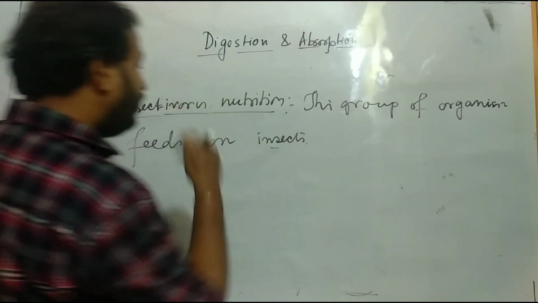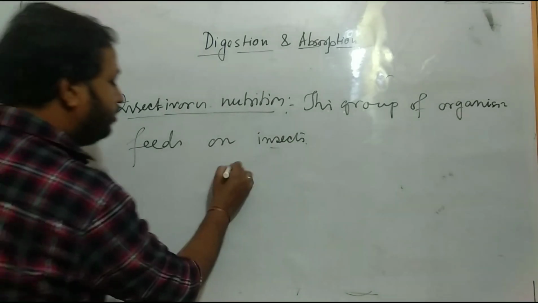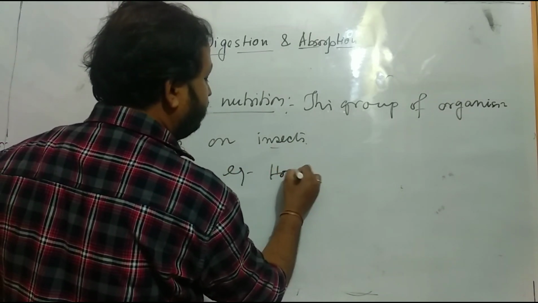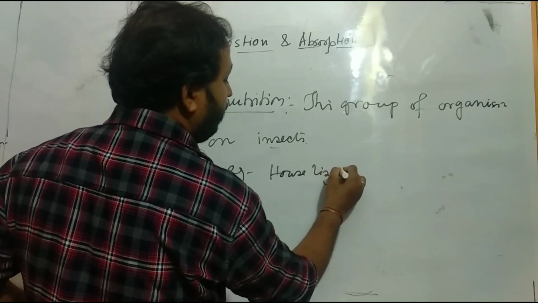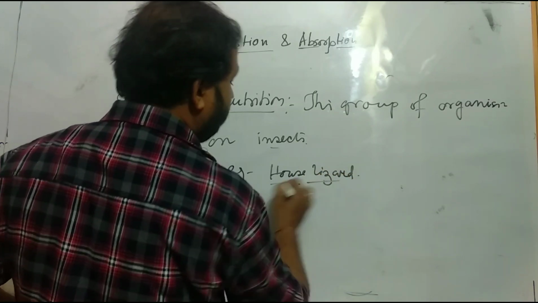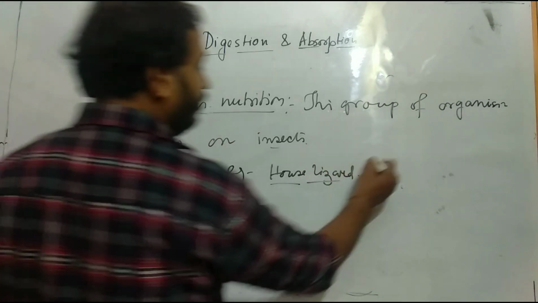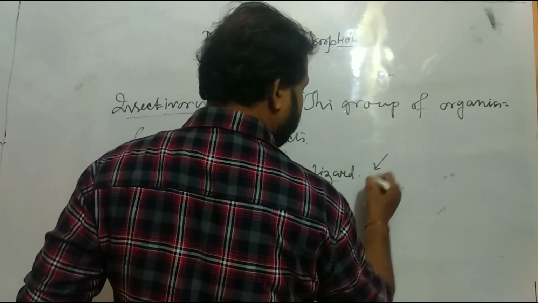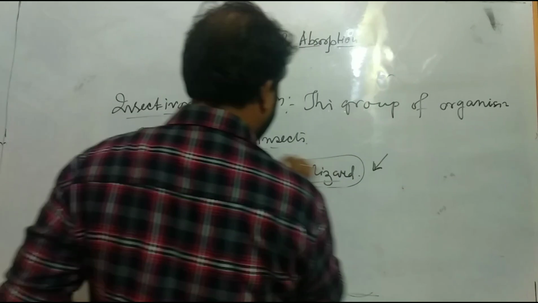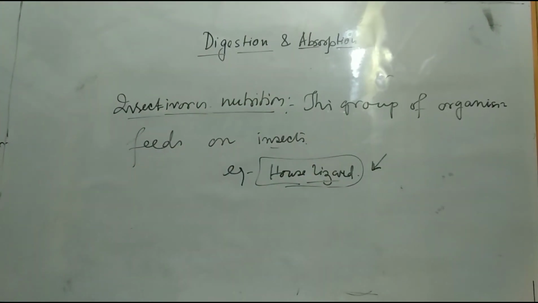That means they eat insects. For example, house lizard. You see, whenever insects enter your house during the night time, these lizards are very active. They catch them immediately. So they are called insectivorous.